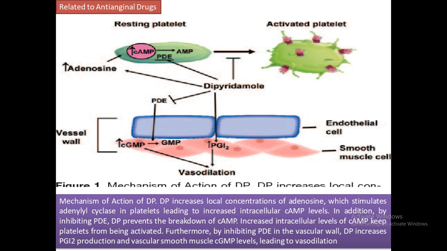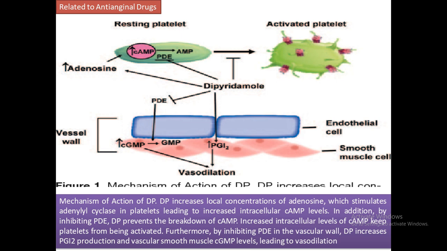AMP is responsible for the activation of the platelet. So the phosphodiesterase enzyme, there is increased adenosine production, which increases the cAMP level. This cAMP is converted by the phosphodiesterase to the AMP and activates the platelet. Then there is platelet aggregation and there is an impairment of the blood supply.